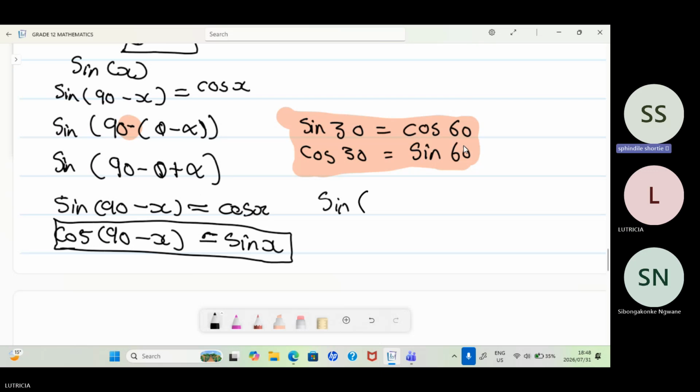I was trying to show you that the reduction is basically saying sine of 30 is equal to cos of 60, but now we are using the unknowns, not the real angles.